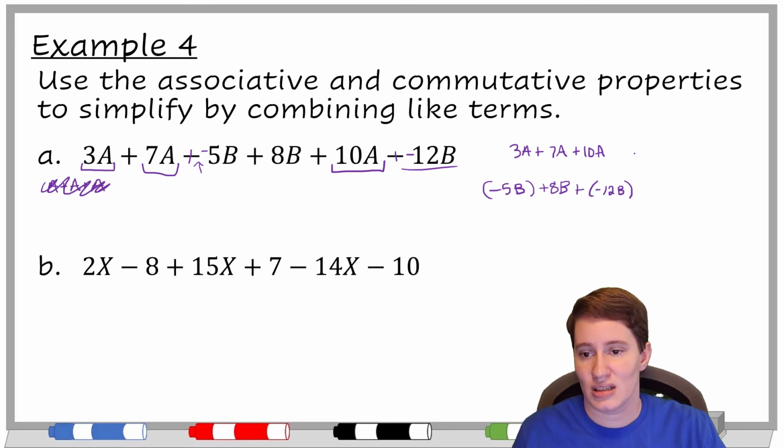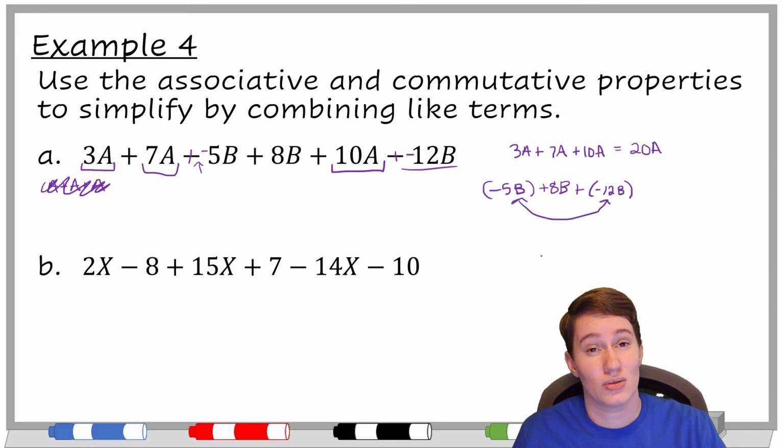3a plus 7a plus 10a gives us 20a. Negative 5b plus 8b, and then minus 12b. This is another place where the associative property might help. It may be easier to do these two together first and then add 8b together, or it might not. But you can do it because we made it addition. That's what making this plus a negative helps with.